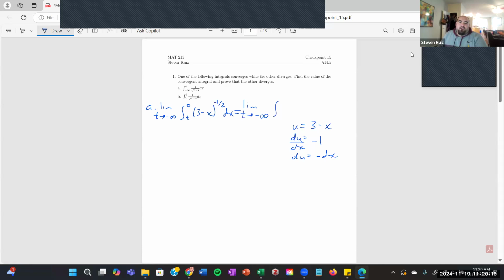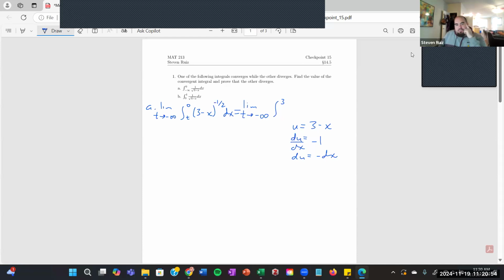If x is equal to 0, then u is going to be equal to 3. I think this t still remains, because if I have, actually, let me think about that. If x is equal to t, so t is going to go to some really, really negative number, and I'm going to subtract that from 3.